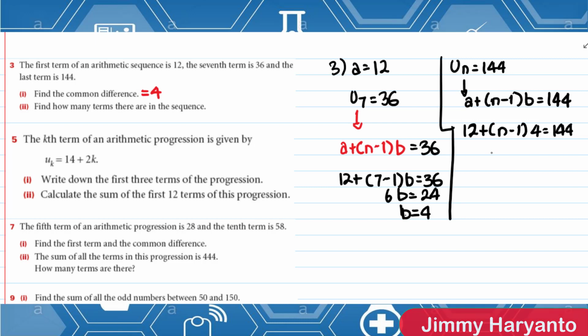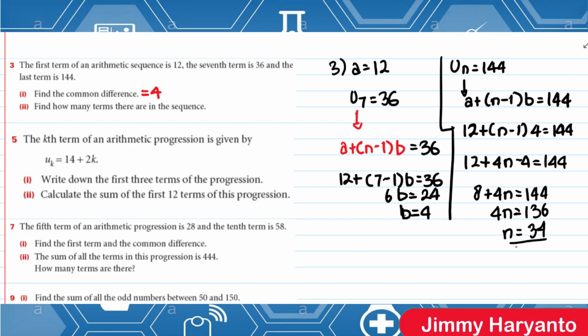After that I can use algebra: 12 plus 4n minus 4 equals 144. 12 minus 4 is 8, plus 4n equals 144, and then 4n equals 136, and n will be 34. So there are 34 terms.